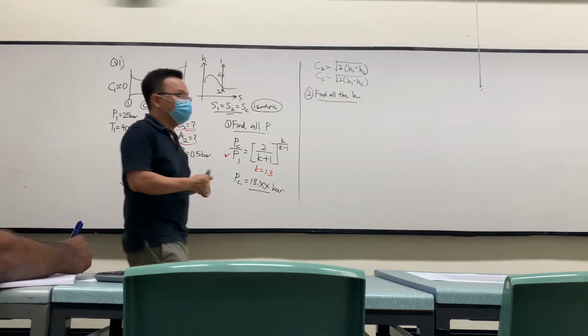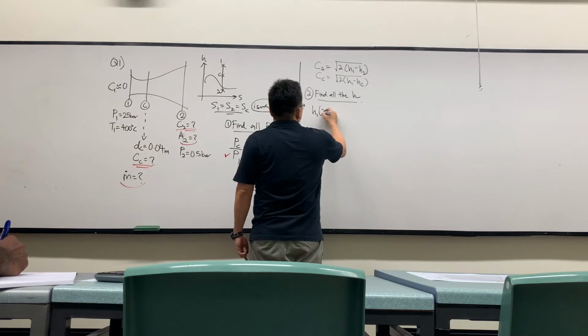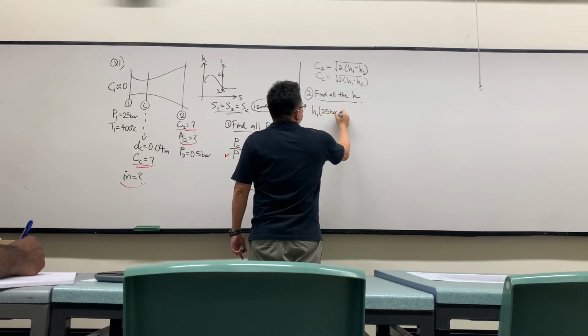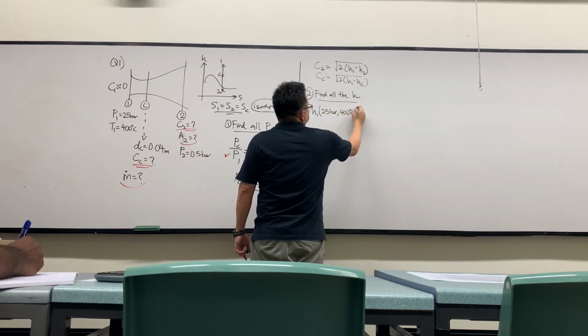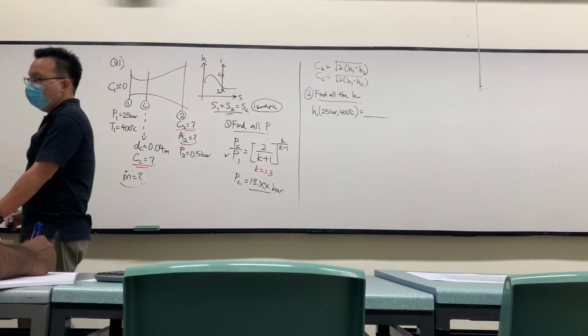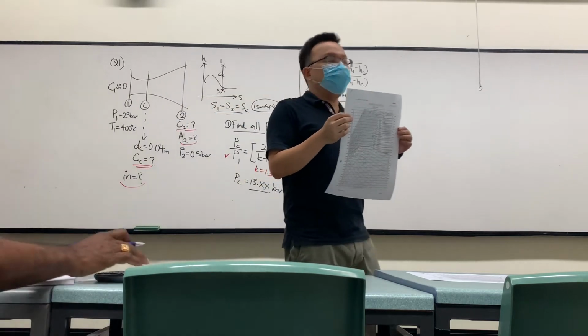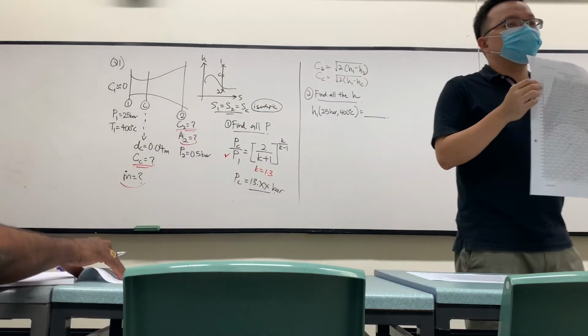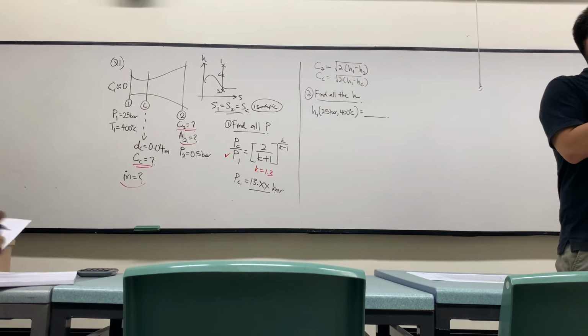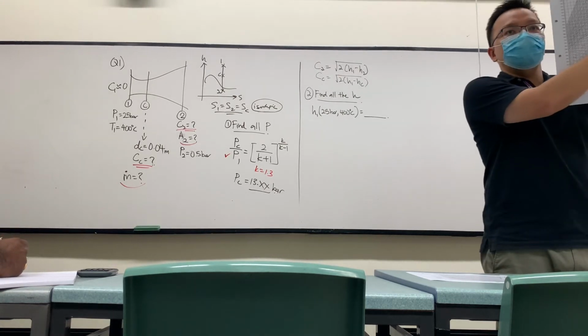So, to find H1, what you need is 25 bar, 400 degrees C. You need this value. So I'm going to hold your hand now. Where is your 400 degrees C first? 400 degrees C, all can see, this line here.